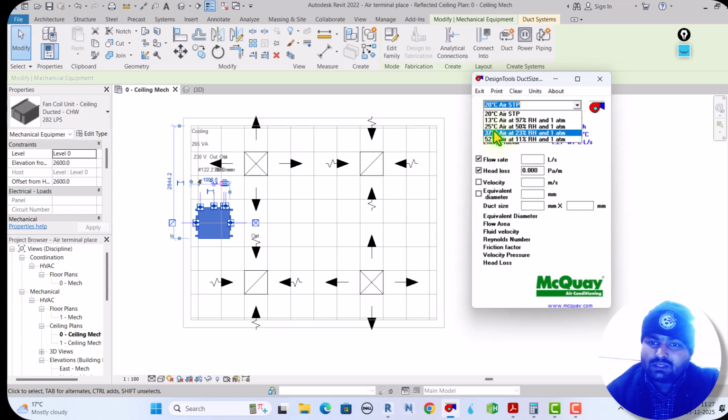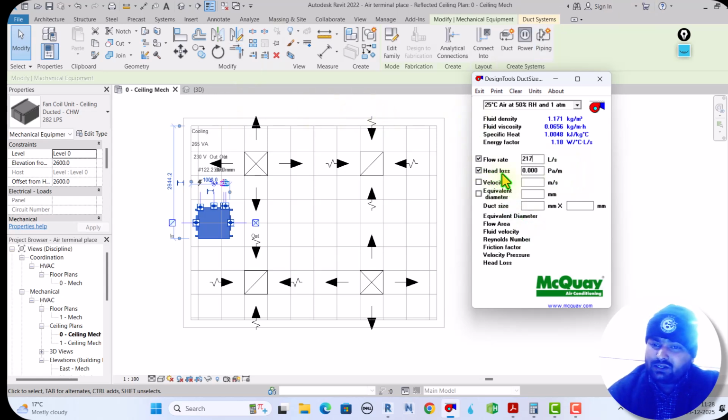And after that, of course, fresh air and exhaust air, but we can select any one; the duct size will not be affected. Most commonly we use 50% relative humidity. The main duct is 217 liters, right?